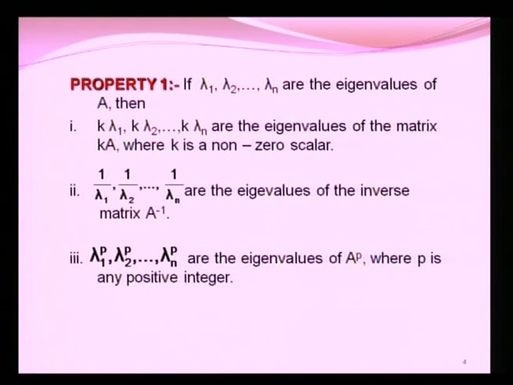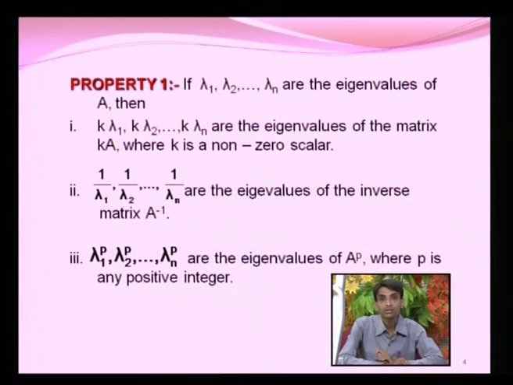Sometimes you are asked to find the eigenvalues of 2A or 3A, so you just need to find the eigenvalues of A, then multiply all the eigenvalues by the given scalar, and you will get the eigenvalues of kA, where k is any non-zero scalar.